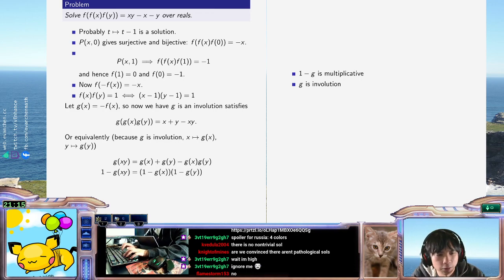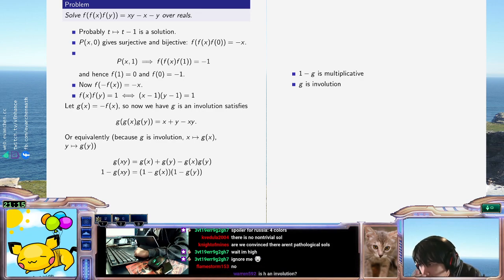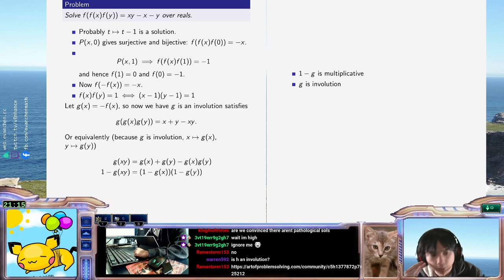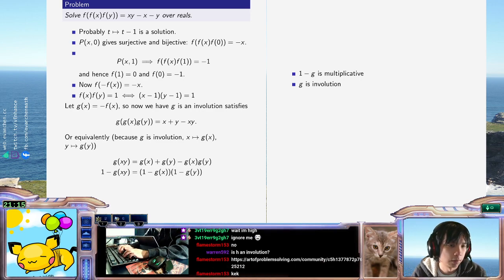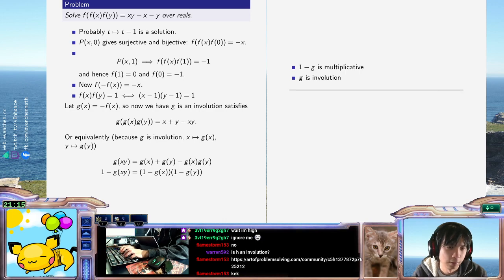I don't think there should be, because this appeared on a contest, I would be surprised if there was a pathological solution, because I know the set of multiplicative functions. Is h an involution? That would be nice. No.